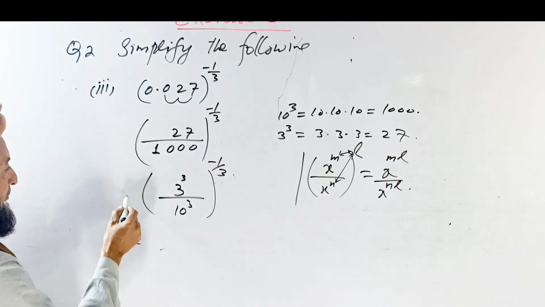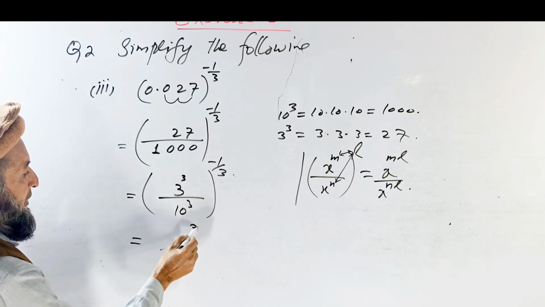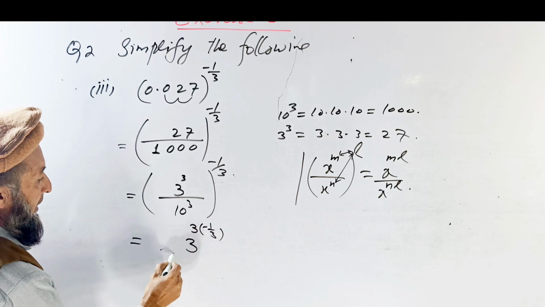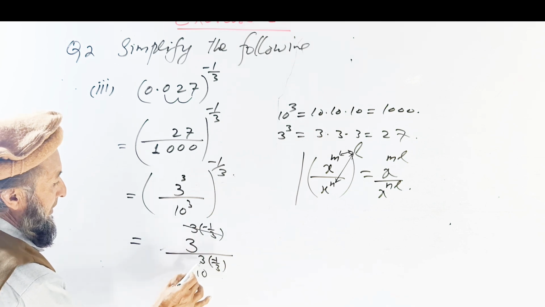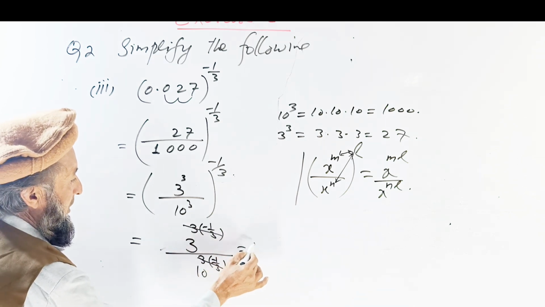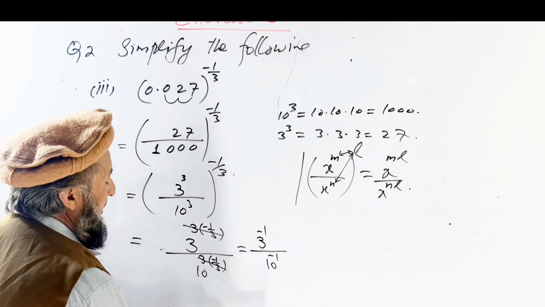Now look here, we are applying this property. We can write 3 power minus 1 by 3 and 10 power 1 by minus 3 divided. So both are cancelled, and the remaining terms are 3 power minus 1 and 10 power minus 1.